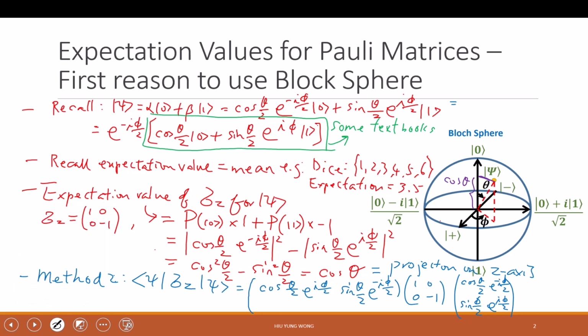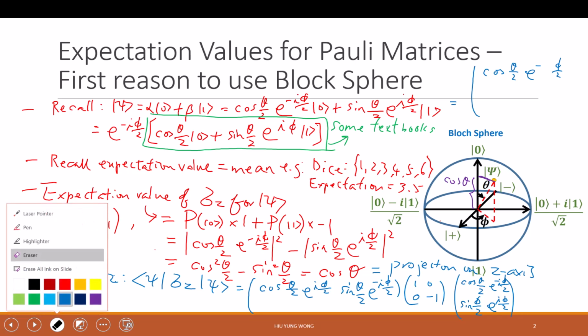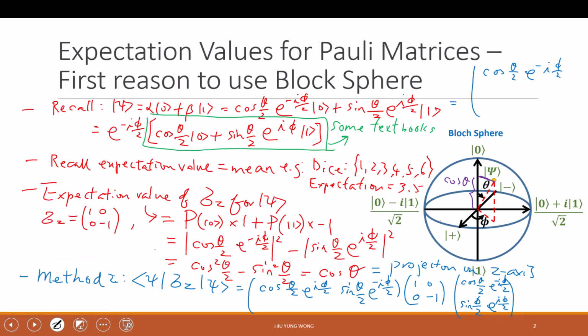This is just a column vector: cosine theta divided by 2 e to the power i phi divided by 2, and then sine theta divided by 2 e to the power i phi divided by 2.